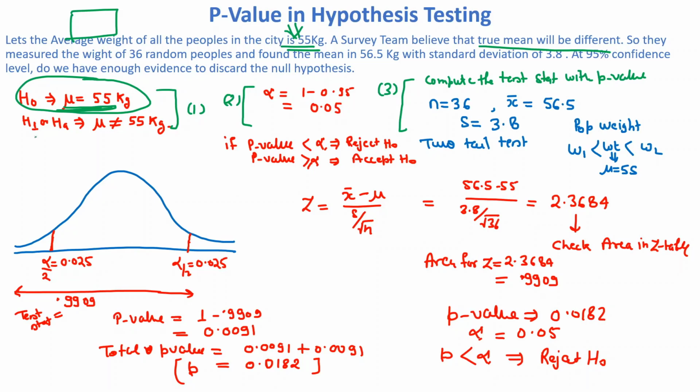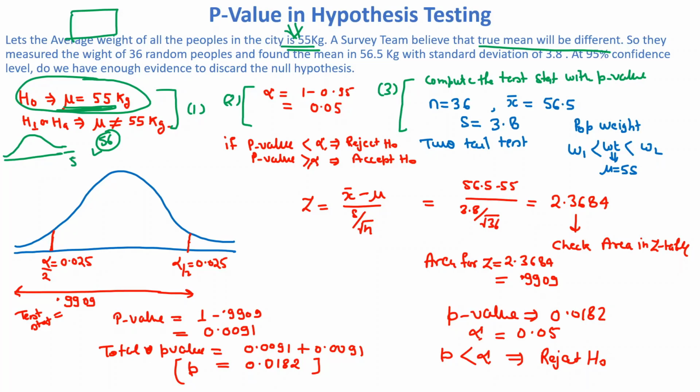So in that case, which test will we follow, a one-tail test or a two-tail test? Please think about that. Let me explain. This is your null hypothesis, 55 kilograms. If the survey team does some testing or research and finds that the weight is 56 kilograms, in that situation we can reject the null hypothesis.